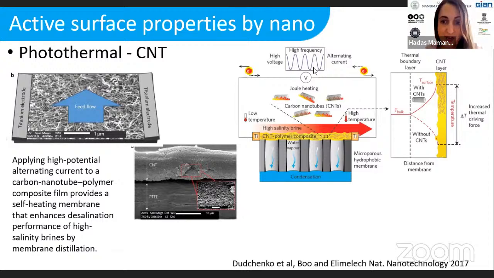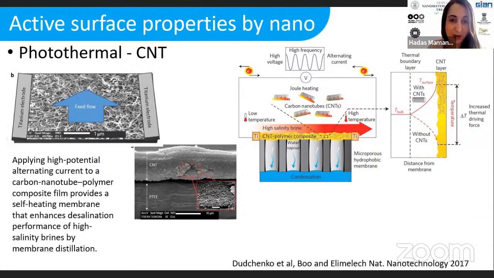This self-heating membrane can enhance the desalination performance of high salinity brines by membrane distillation. So here we are applying a high potential alternating current to the carbon nanotube polymeric composite. It's really interesting. Here we have the titanium electrodes, and this enhances desalination. So this is also an active property.